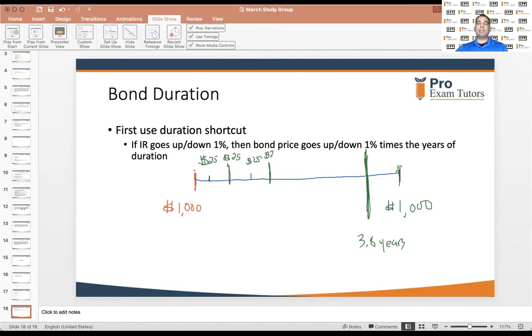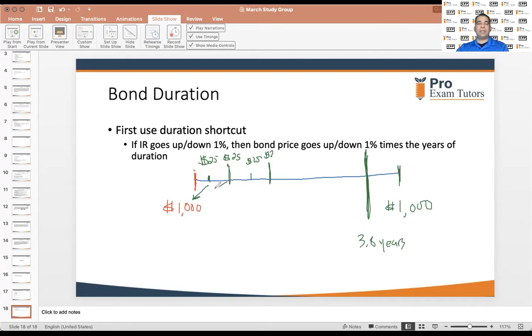But why is the average amount of time, mathematically speaking, that I'm getting my money back, let's just say 3.8 years? It's almost like gravity: I actually start recouping this $1,000 6 months in, and I get another $25 of my $1,000 back. It's all about the return of the investment.